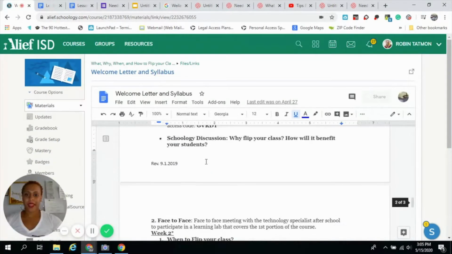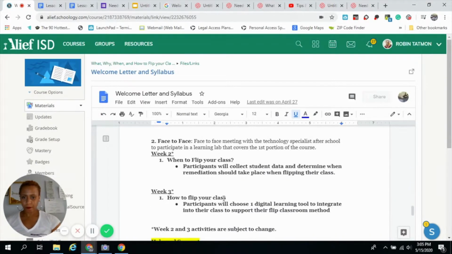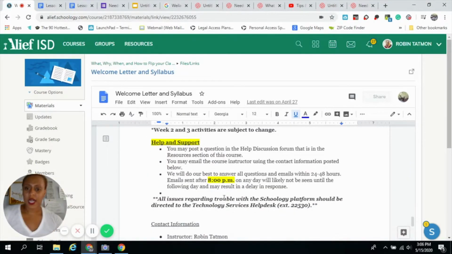I also provided them with the access code to Pear Deck. And then they had the Schoology discussion, why flip your class. And then with the help and support, I let them know that they could post a question in the help discussion forum, and that they could email me if they needed any help.